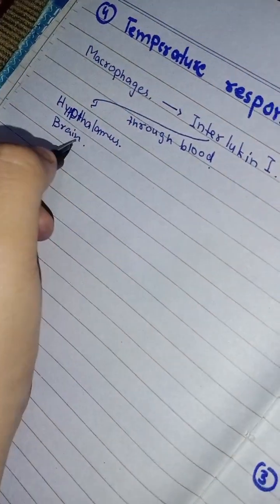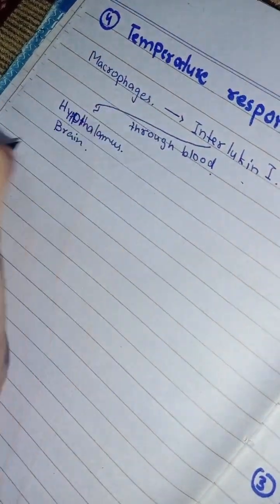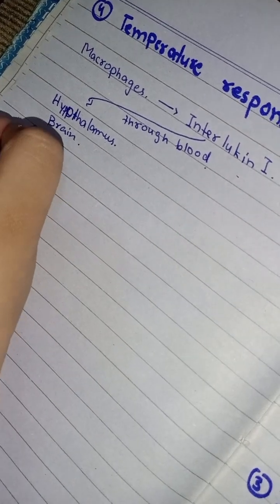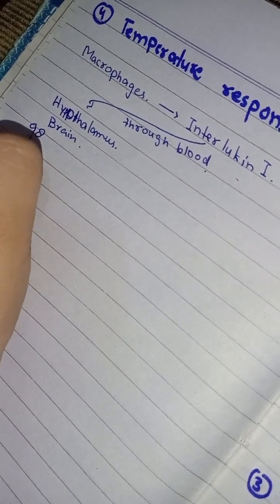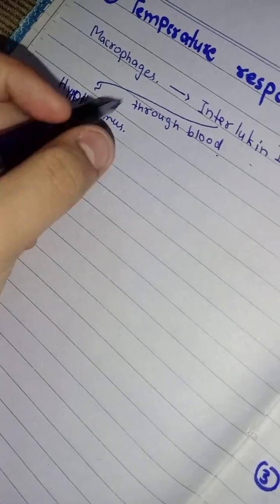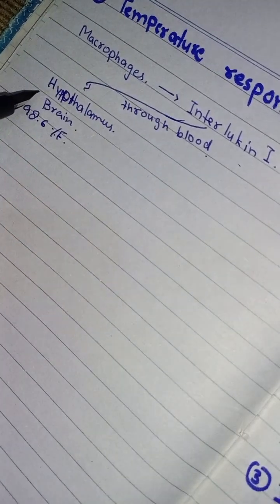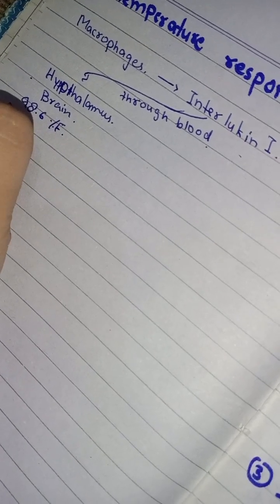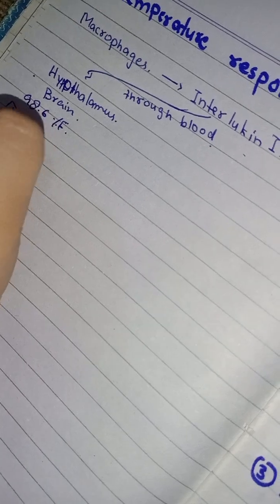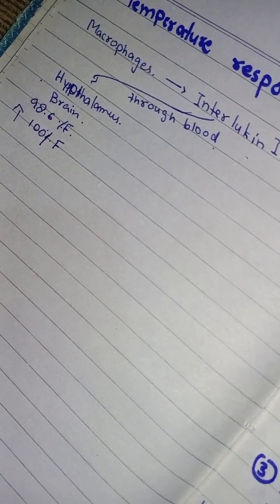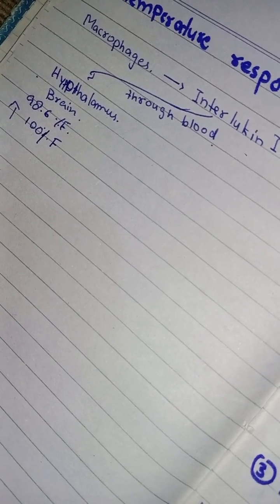Our normal temperature is 98.6 Fahrenheit. After going into the hypothalamus, this chemical will increase the temperature up to 100 Fahrenheit, so body temperature will also increase.